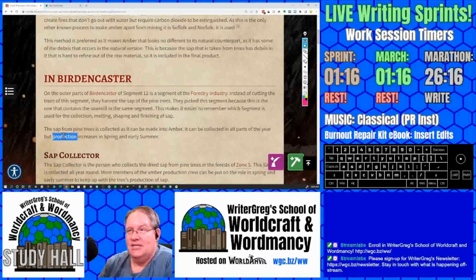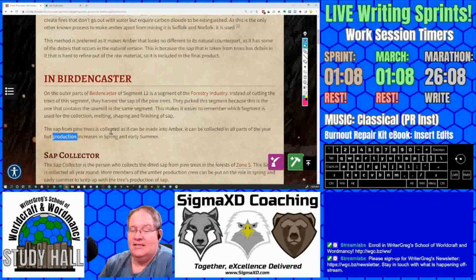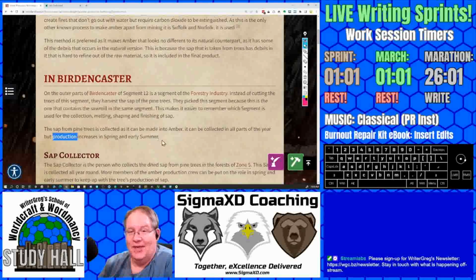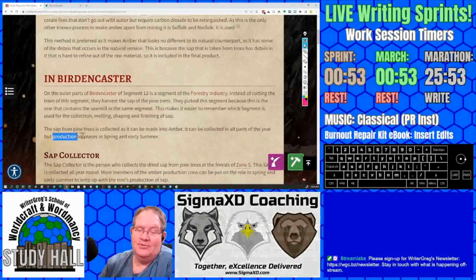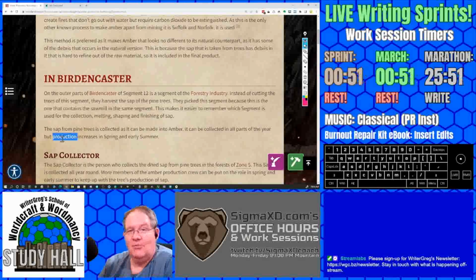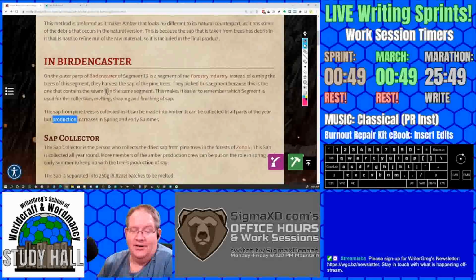Or could it be consistent all year round, they just have a really big backlog of sap that they collected in the spring and the summer, and then it takes all summer and winter to work through what they collected in the spring? So there is a difference between sap collection and amber production that you may want to clarify here.